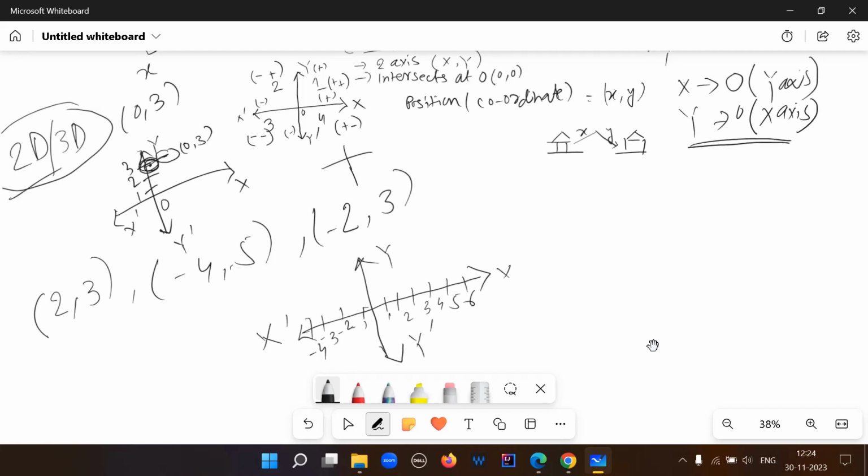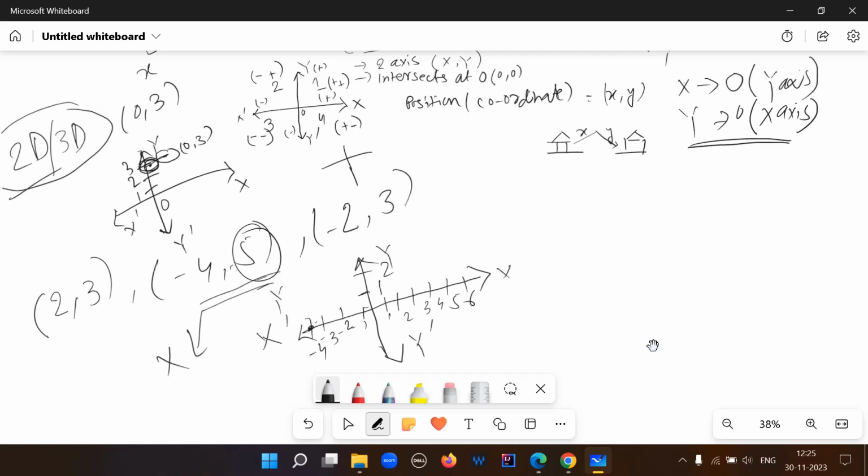And minus 4. Minus 4 means here is minus 1, minus 2, minus 3, and the drawing is a little cramped. So when it's a messy drawing, don't react to it, and I am drawing. Like for (-4, 5): minus 4 is the x value, and 5 is the y value. Minus 4 means 1, 2, 3, 4 in the negative direction.